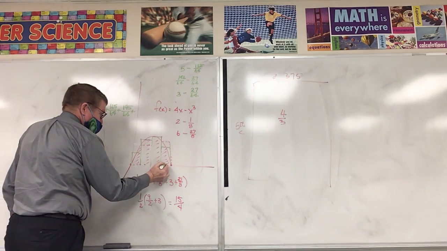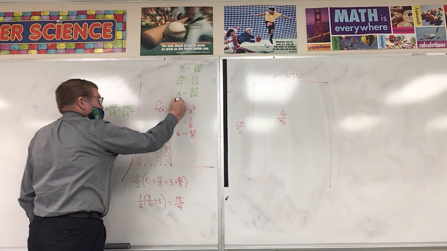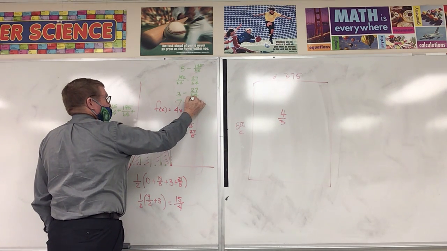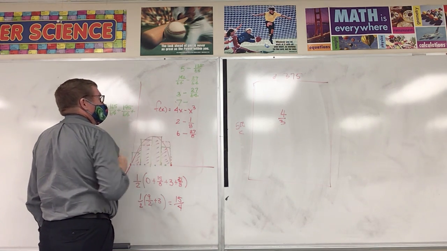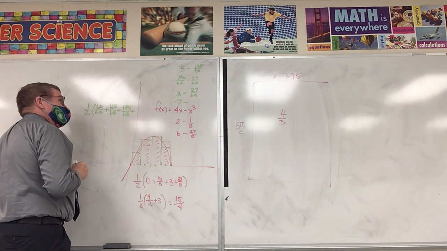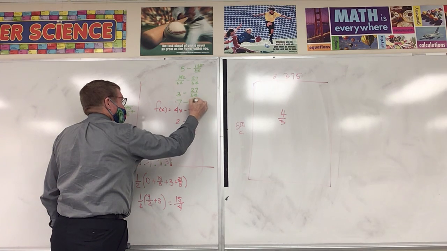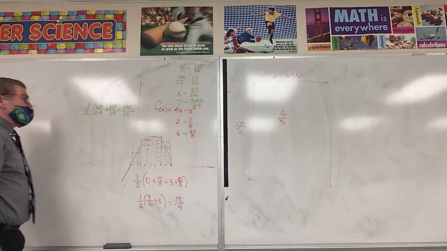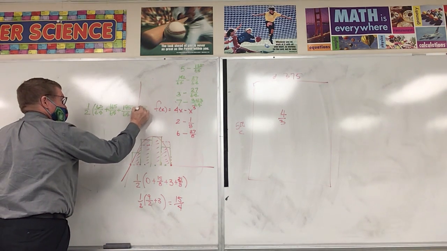And then the next one would be 7/4. 7 times 7 is 49, times 7 is 343. That gives 105 over 64.